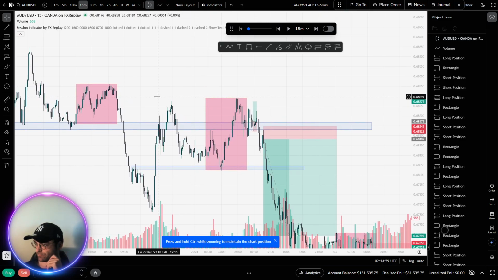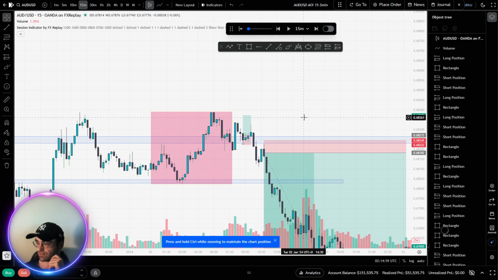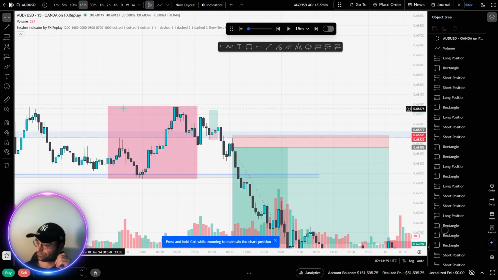As you can see here, I've marked up the area. And as soon as you identify the area, you can look for the trades, right? Something that is good to use is just a simple rejection candlestick. So a doji candlestick or an engulfing candlestick or a hammer or anything that's a little bit wicky is good.